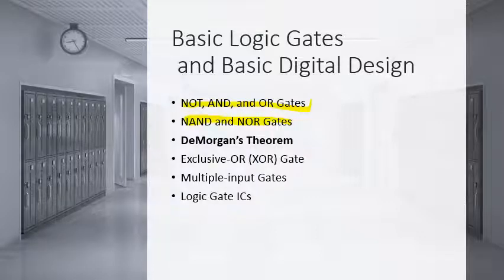So in today's session we will be focusing on De Morgan's theorem, then the two variants of the gates, for example the exclusive OR gate represented by XOR and the exclusive NOR gate, and we will discuss their implementation. Afterwards we'll switch to the multiple input gates, and then we'll have a brief introduction to the ICs and the packaging that are used to implement the designs of the primary, universal, and other gates.